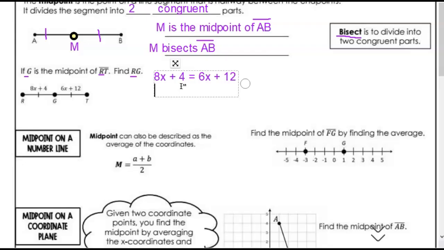If I have 8x and 6x, who do I want to move? The 6. So minus 6x, minus 6x. What's 8x minus 6x? 2x.